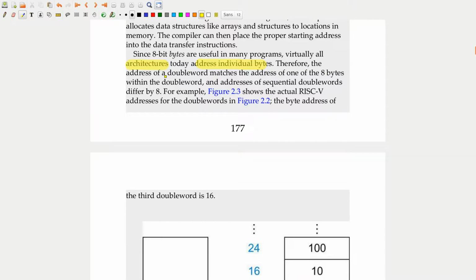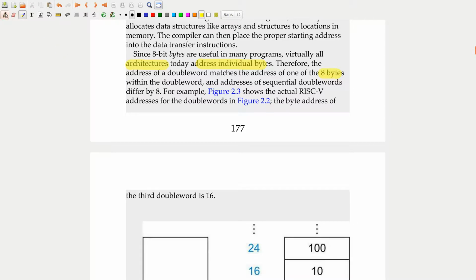So therefore, the address of a double word matches the address of one of the 8-bit bytes within the double word. Or the address of one of the 8 bytes within a double word. Yeah, that's right, because a byte is 8 bits.